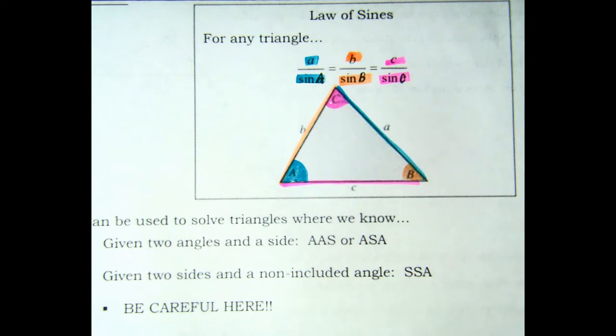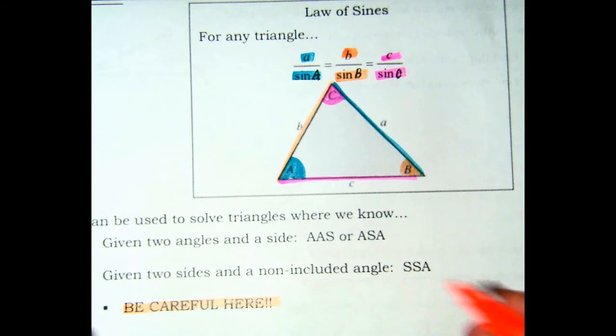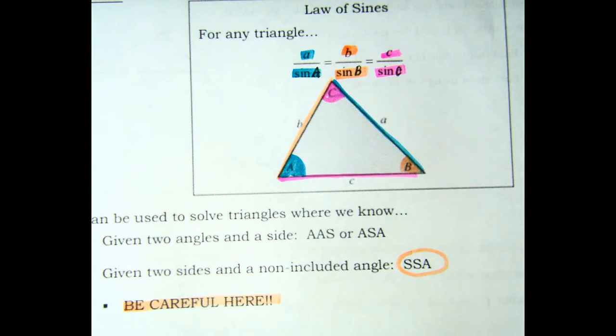You have to be careful here. Do you know why you have to be careful here? Is that a triangle congruence? It's like hypotenuse leg. That's called the ambiguous case of law of sines.